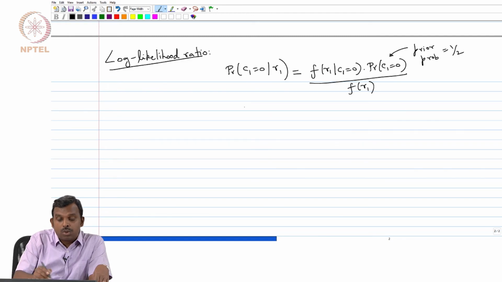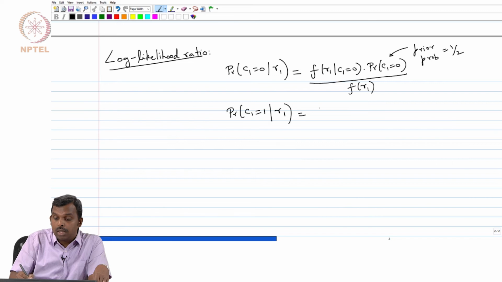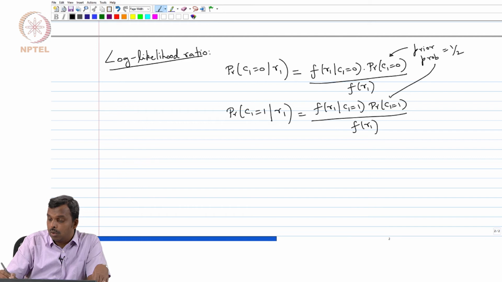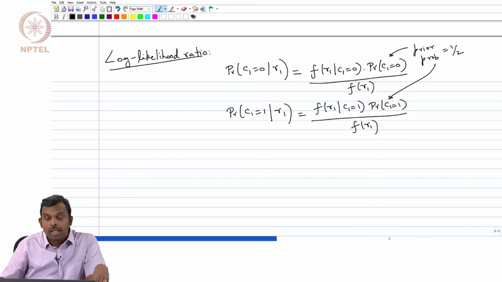But usually people use something else here. They use this likelihood ratio. So let me write down what that is. You can also write down the probability that C1 is 1 given R1. This will be similar to this. Once again, this is also a prior probability and it's half. It's comfortable to take this ratio here.